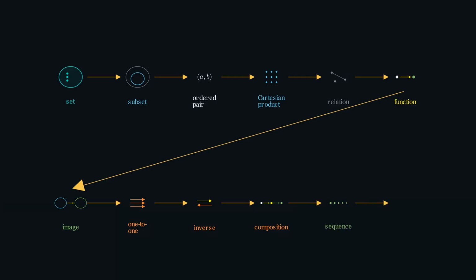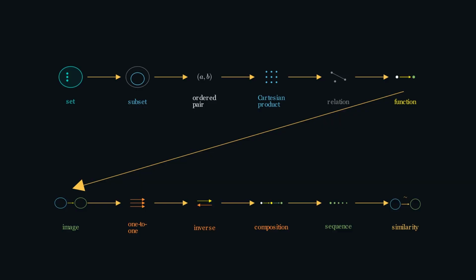We defined sequences as functions on the integers, and subsequences as compositions with order-preserving selectors. And finally, we used one-to-one correspondences to compare the sizes of sets. Two sets are similar when we can match their elements perfectly, with nothing left over on either side.